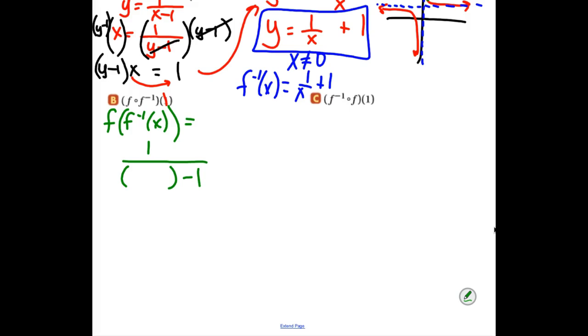And we said our inverse is 1 over x plus 1. So what happens? We have 1 over x plus 1 in the denominator, as well as a minus 1 in the denominator. What's going to cancel out? Those 1s. So this becomes 1 over x.